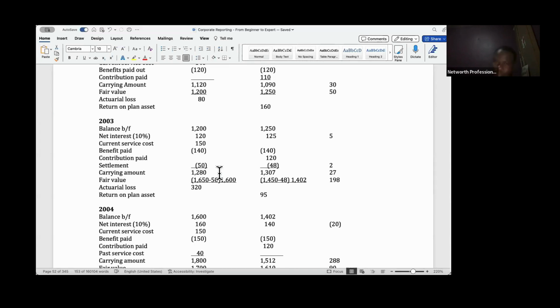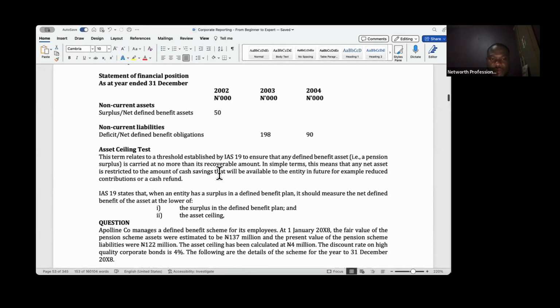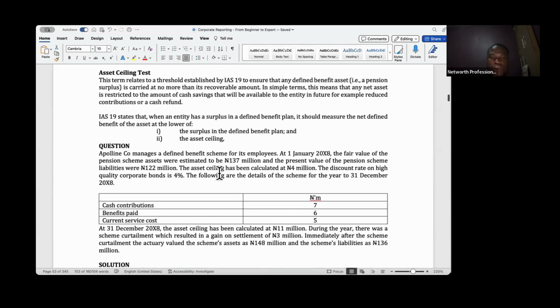Okay. So on a final note, is something I've spoken about before. Now we are putting a term to it. I'm going to call it asset ceiling test.